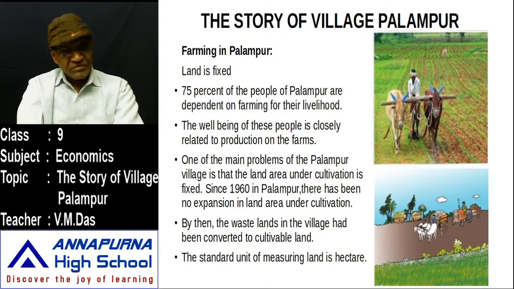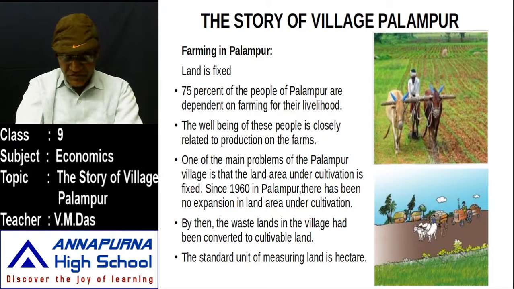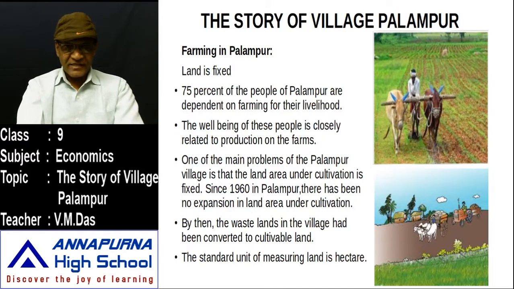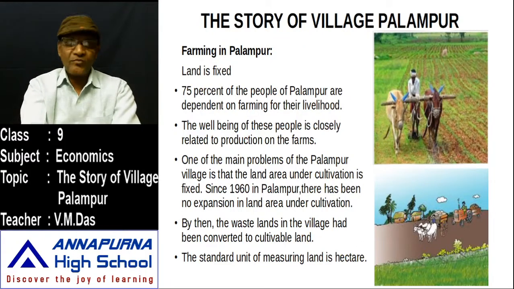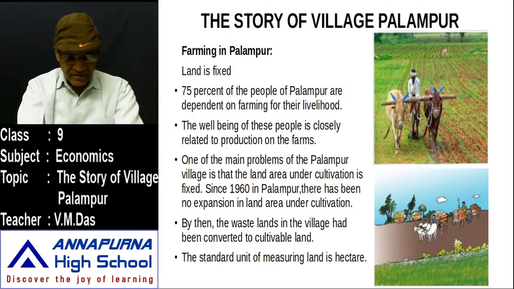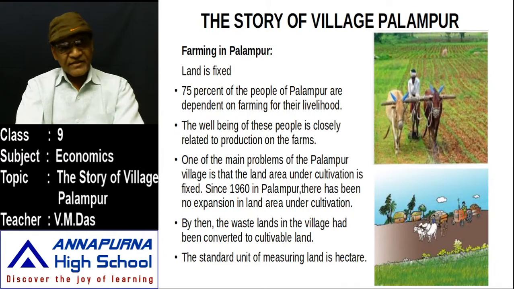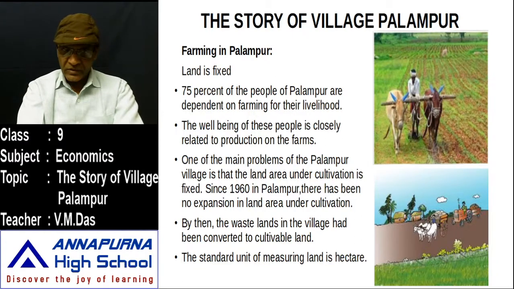One of the main problems of Palumbo village is that the land area under cultivation is fixed. The available land is practically fixed, and that is the problem, because it cannot be extended. Since 1960 in Palumbo, there has been no expansion in land area under cultivation.